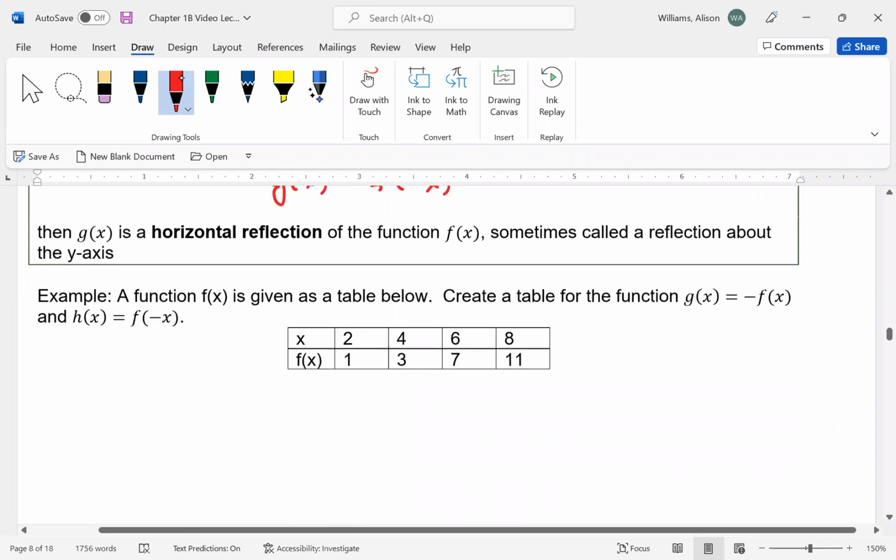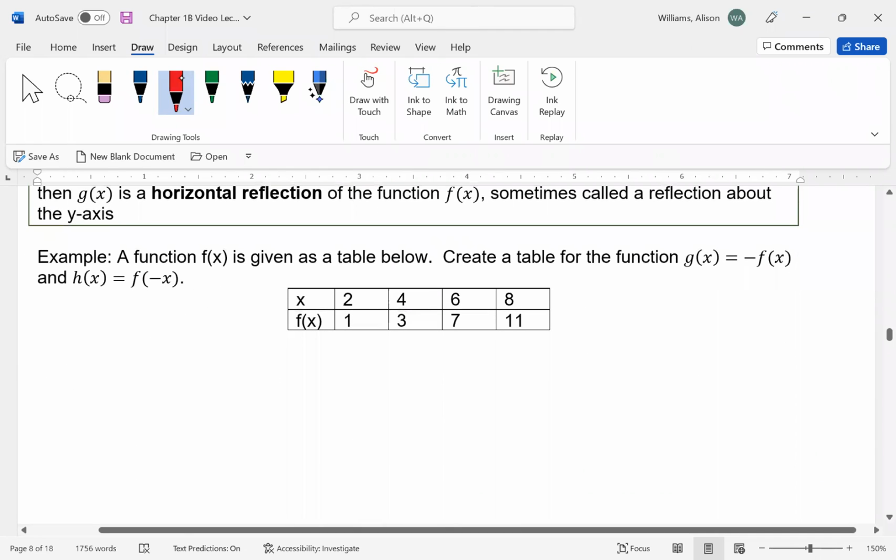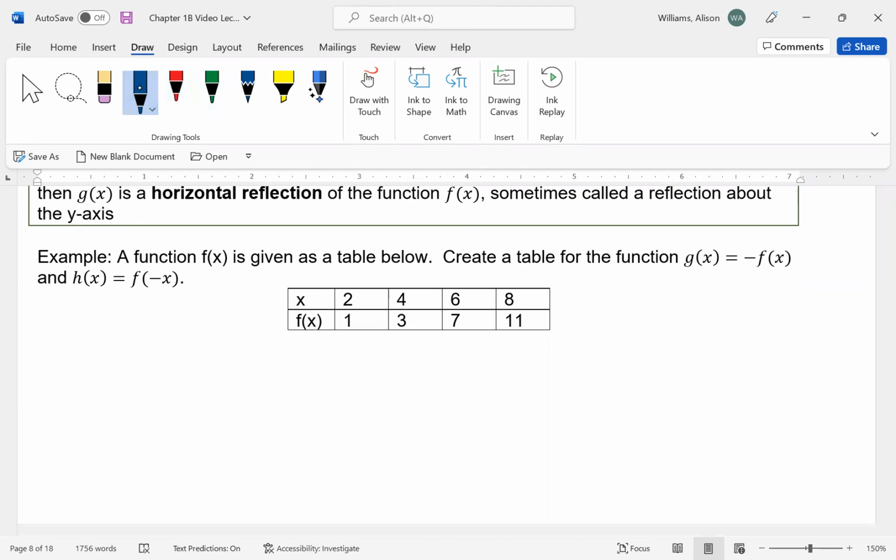All right, so let's see how that plays out in a table example. So this is going to be fun. The first one's pretty easy. So here, let me draw that out.